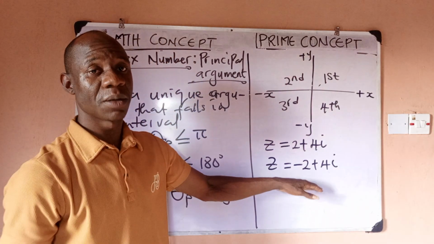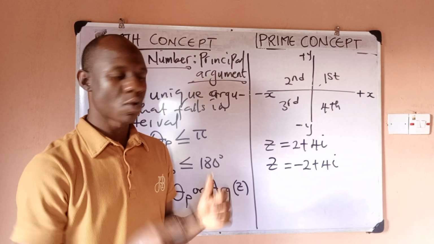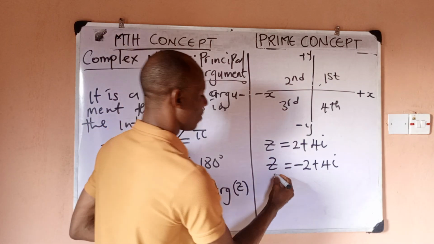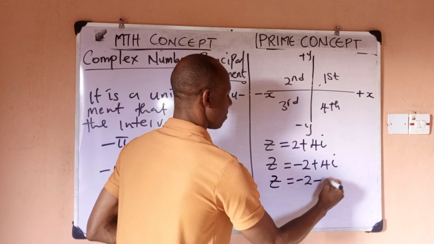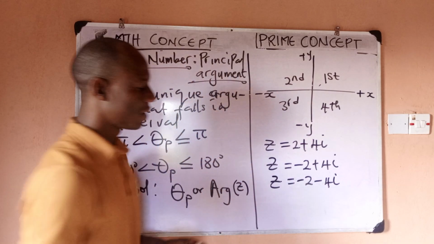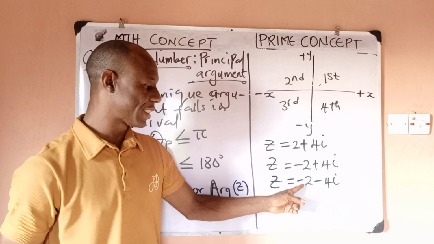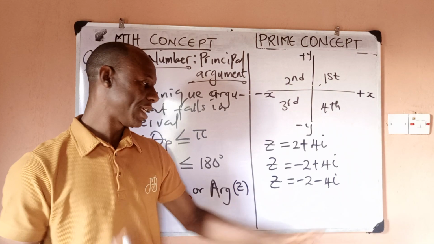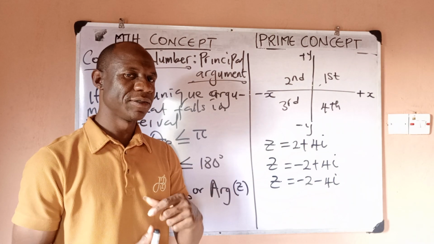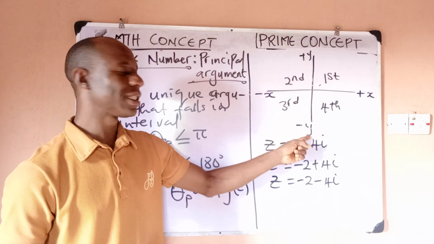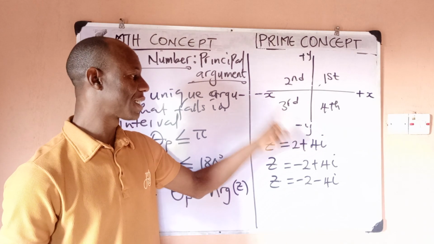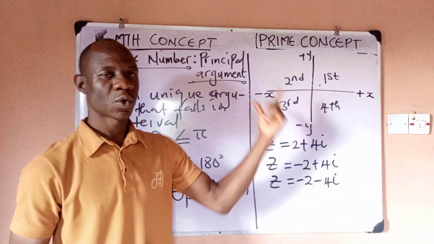So this complex number lies in the second quadrant. Now say I have a complex number z equals negative 2 minus 4i. Now in this case, you will quickly notice that x is negative, y is also what? Negative. So meaning that they will both lie in which quadrant? The third quadrant. Negative x, negative y, third quadrant.